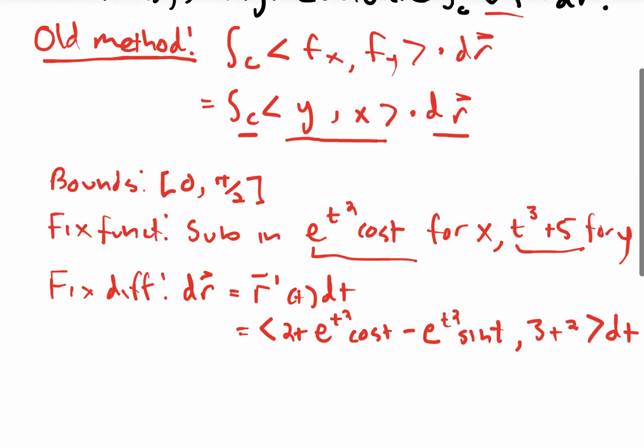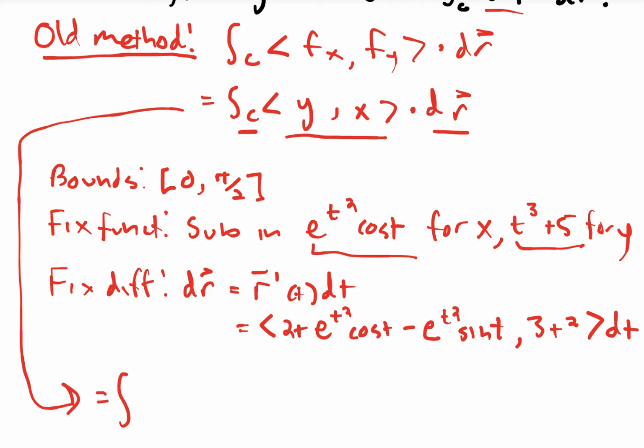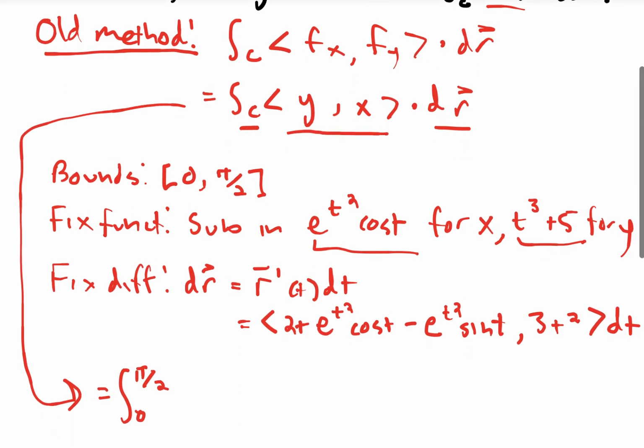Now, to actually rewrite this integral, it's going to turn into an integral from 0 to pi over 2. If I do the substitution like I mentioned before, I substitute in t cubed plus 5 for y, and e to the t squared cosine t for x.